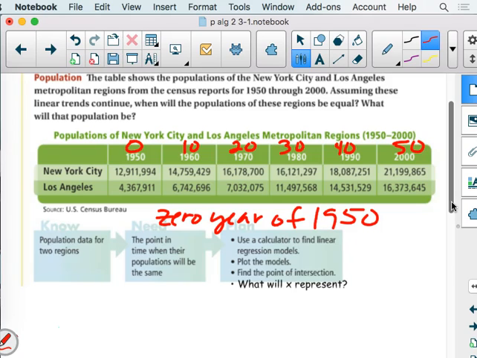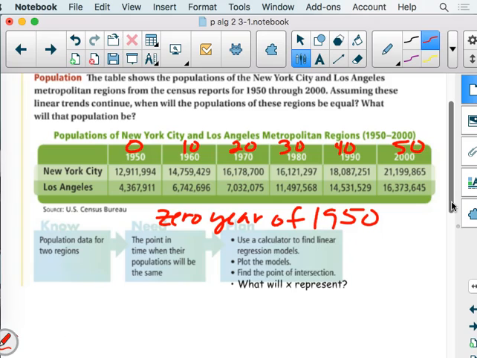The second, and I'm not sure I like this, but the book says round these numbers to the nearest millions. We're going to do millions in one decimal place. Because really you lose something. You look at all those numbers that are up there and you say, well, I'm just going to round that. You lose some information. But that's what they want us to do, so that's what we'll do.